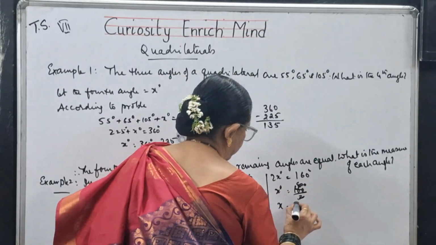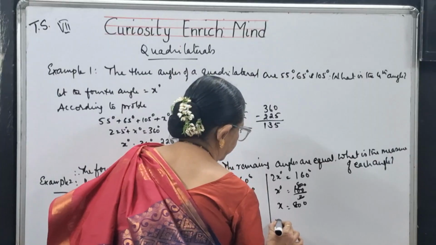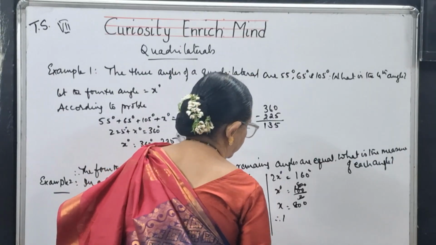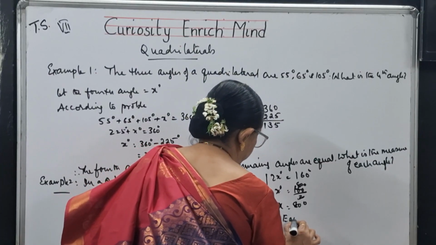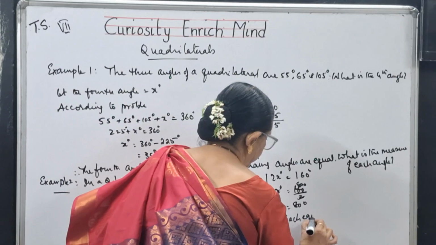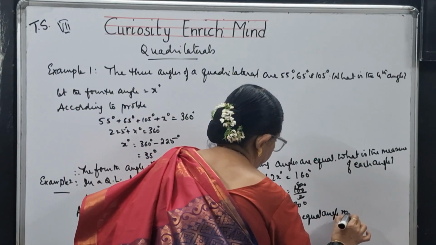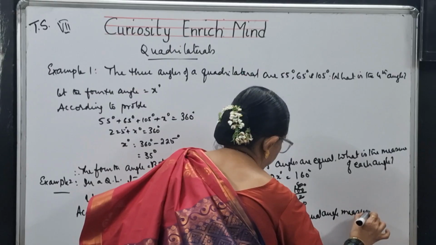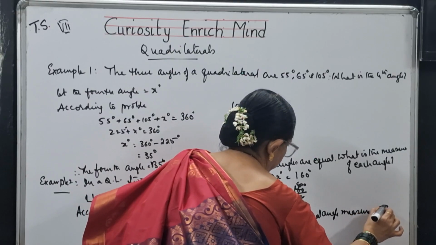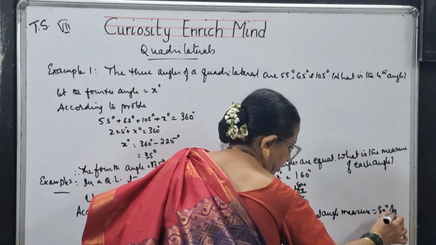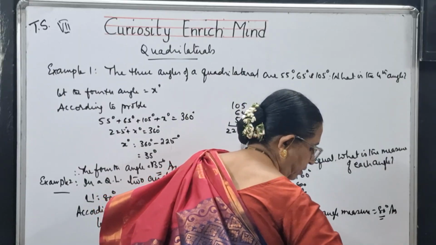So x is nothing but 80 degrees. Therefore, each equal angle measure is equal to 80 degrees. This is the answer, children.